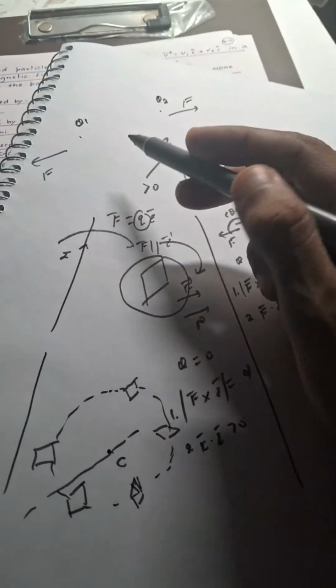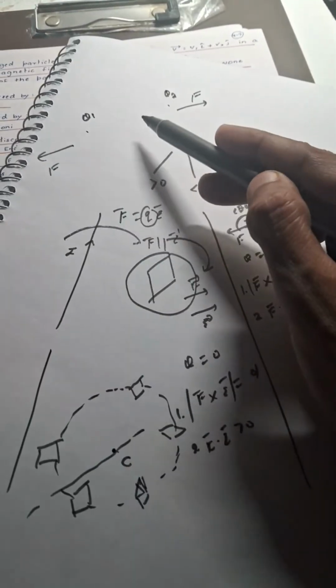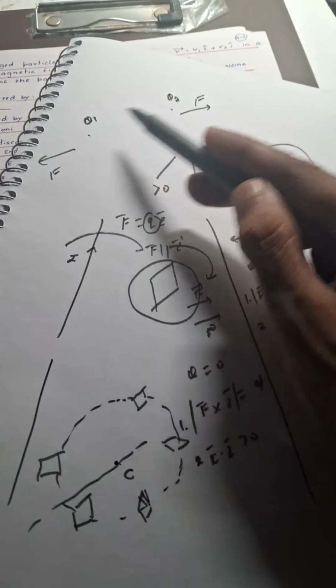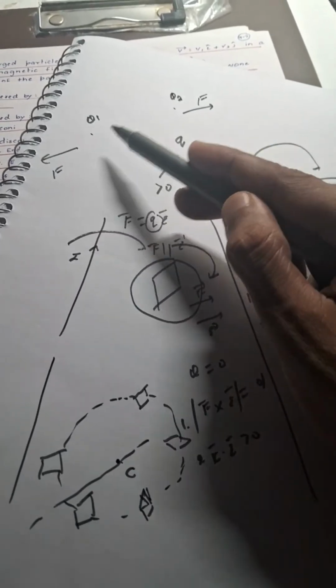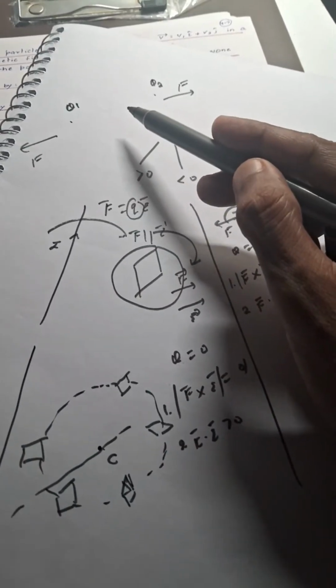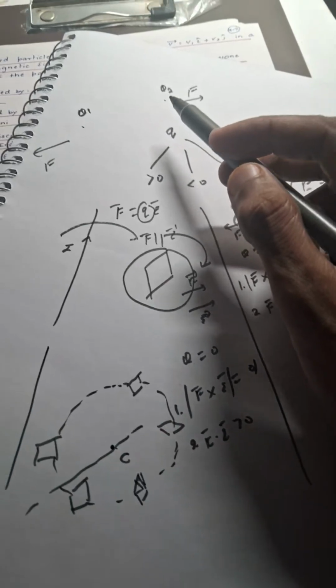Now here is the question, there is nothing which is directly connecting q1 and q2. So how can force be applied on q2 from a distance? And Albert Einstein called it spooky action from a distance.